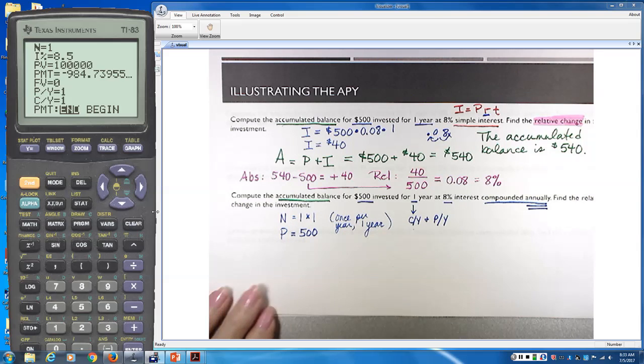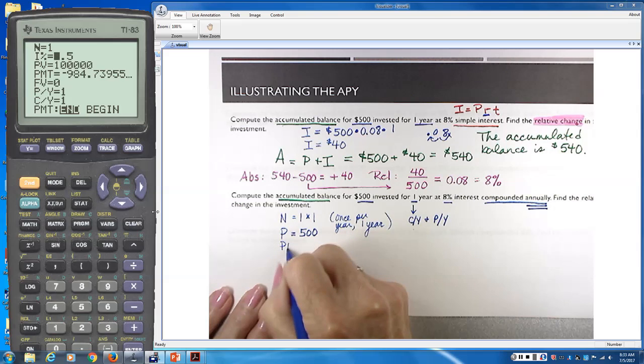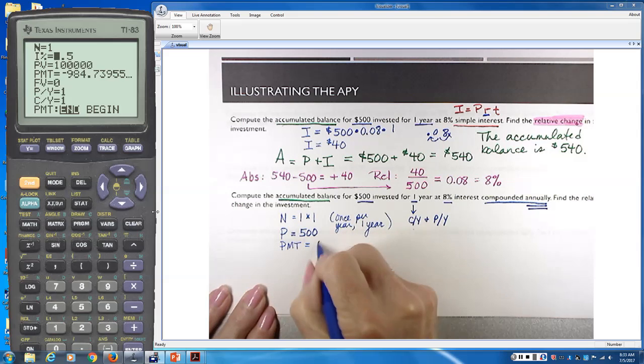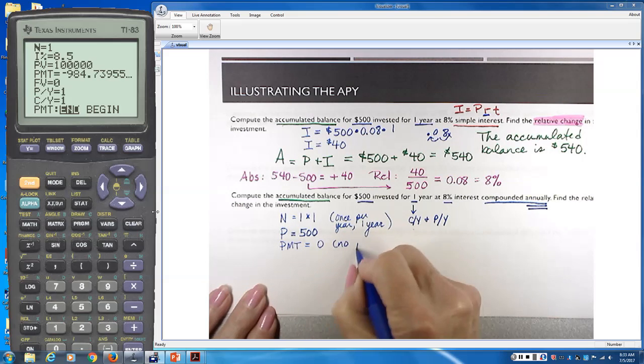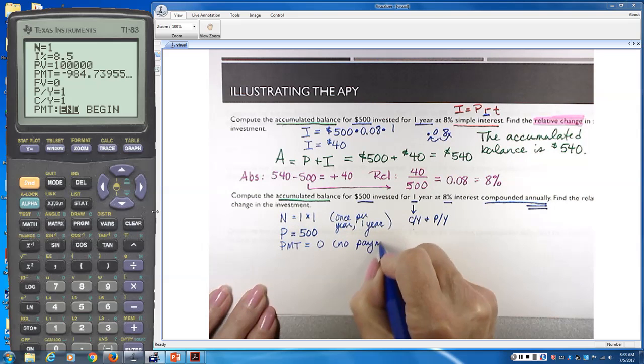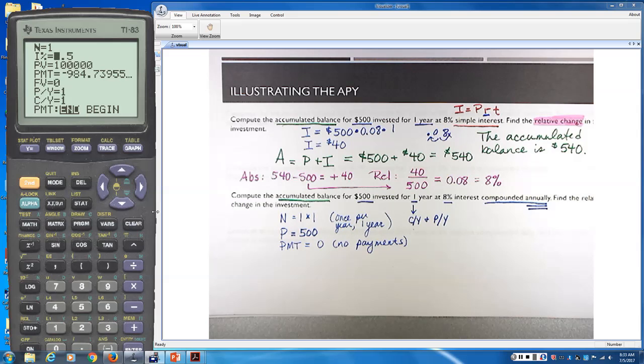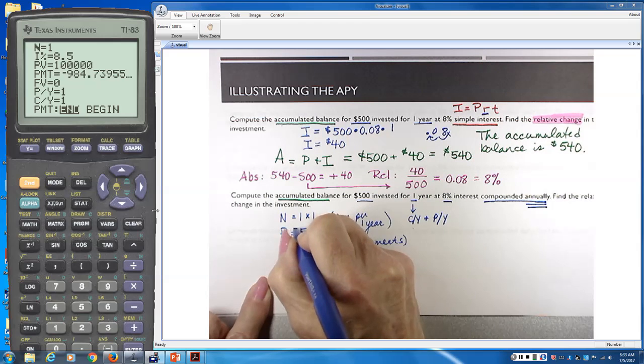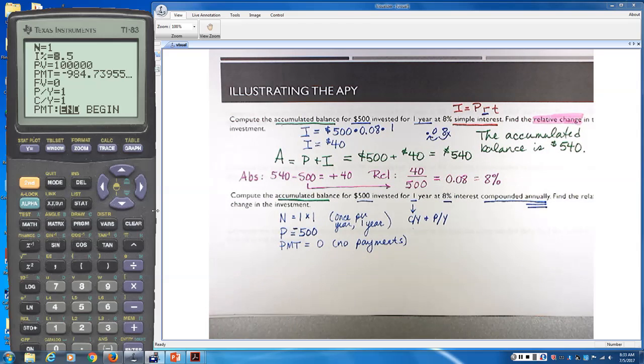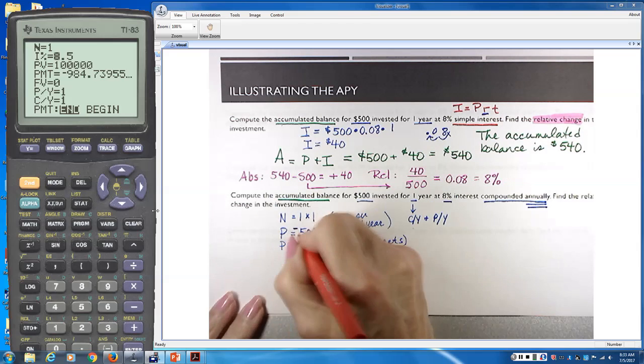We're not going to make any payments. We're not going to pay anything else out. Now the $500, because we're putting it in the account, that's cash going out, so we're going to enter it as a negative. So keep that in mind. Anytime you're actually depositing money, that's a negative.